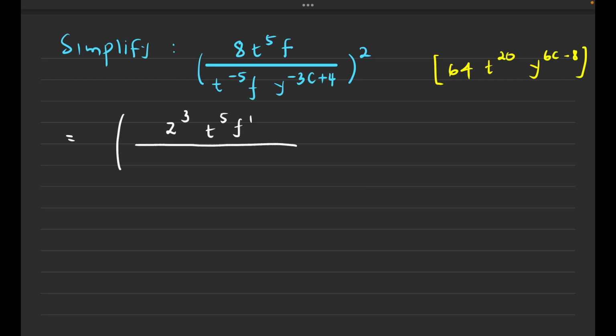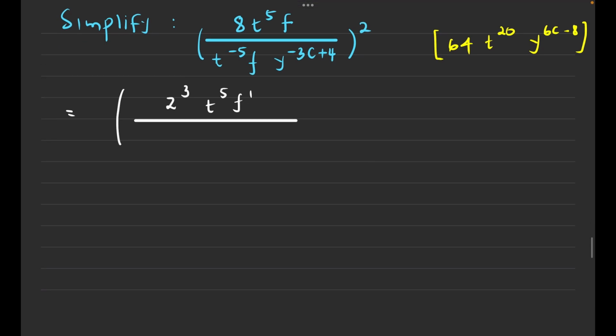I'm dividing everything by t to the power minus 5, f to the power 1, y to the power minus 3c plus 4, all squared. So what I'm going to do now is multiply all the exponents inside with this 2.